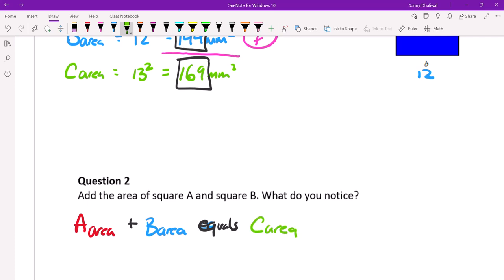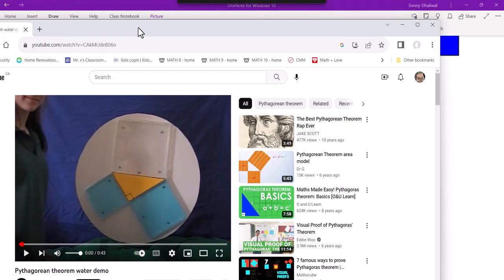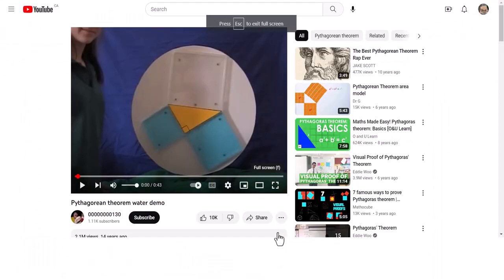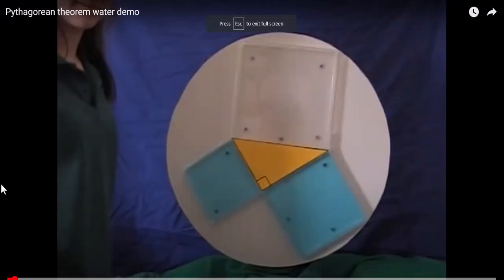All right? Okay. Now, what we observed here isn't just a coincidence. This always happens. So I'm going to show you a short little video here. A little demonstration. I wish I had this in my classroom. Here we have 2 boxes, 2 squares off of the side of a triangle. And they're filled with water. The demonstrator is going to spin this wheel.